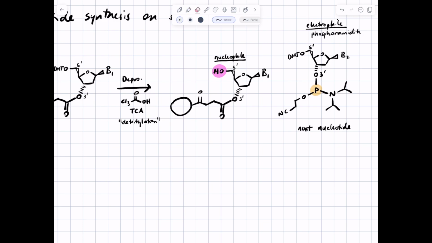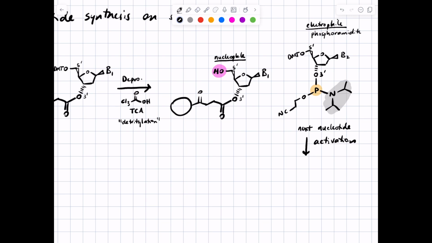What's here, which I will highlight in gray, is not yet a good leaving group, but we're going to use a set of reagents to activate it, to turn it into a good leaving group. That involves an acid catalyst / nucleophilic catalyst known as a tetrazole.